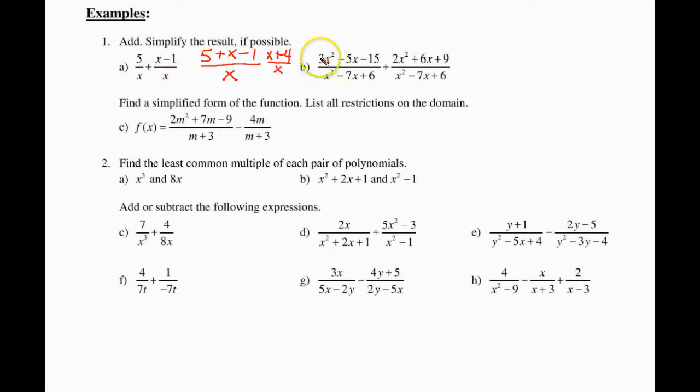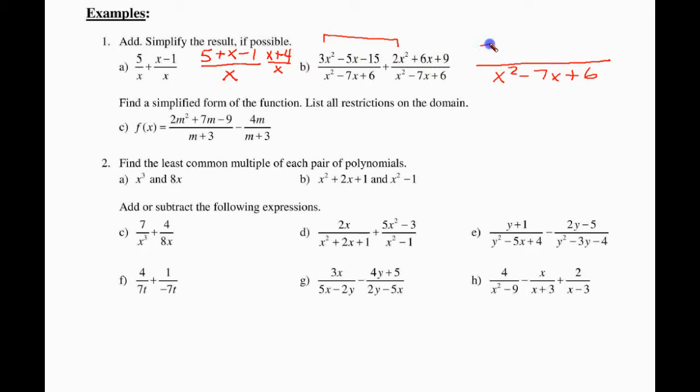Now, right away, they're getting into something a little more challenging. Here our denominator is the same. But we have to group our numerators and combine like terms. Since this is a plus, you don't have to change any signs.